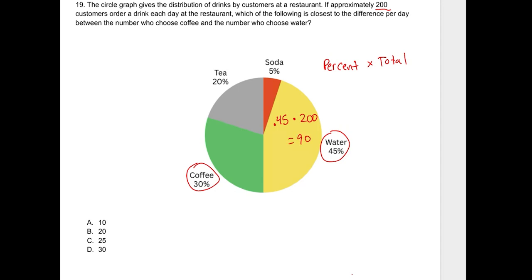So 90 people ordered water, and we'll do a similar calculation to find how many people ordered coffee. 0.3 times 200 is 60. So this is asking about the difference. So the difference is going to be 90 minus 60, which is 30. So in other words, 30 more people drank water versus drank coffee.